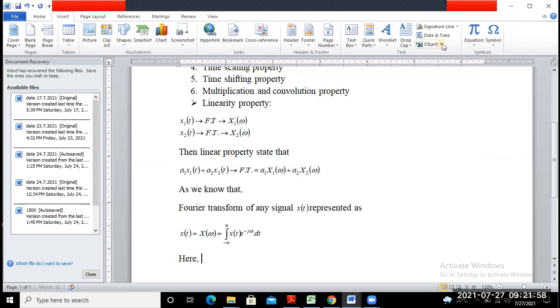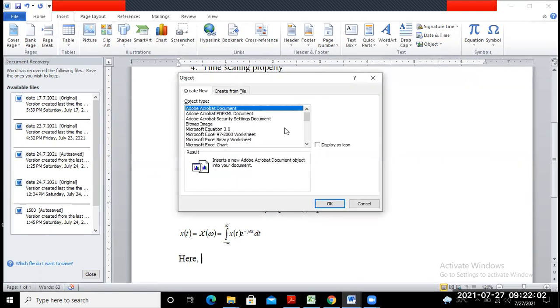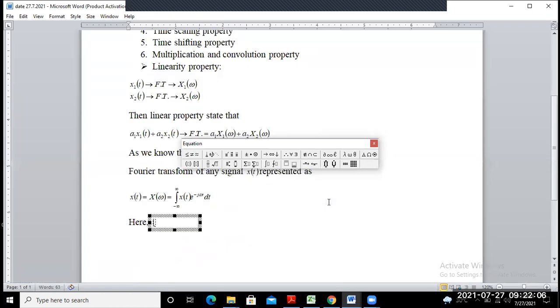So just write here x(t) equal to a1 x1(t) plus a2 x2(t), and then put the value of x(t) equal to a1 x1(t) plus a2 x2(t) in this formula.